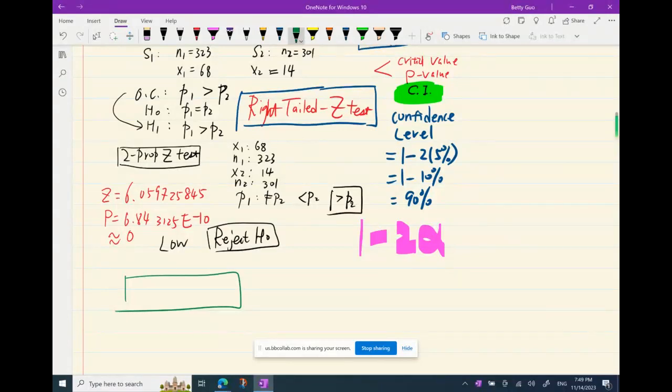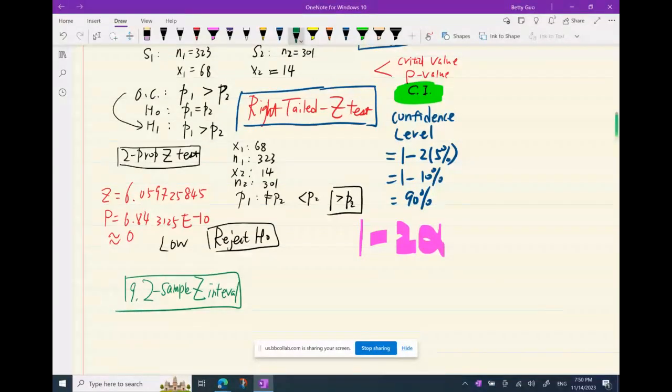What kind of interval? It is about the proportion, so it's going to be Z interval. Do you see number 9? Number 9 is 2 sample Z interval. All right, that's the function we are going to apply to test the claim using confidence interval.